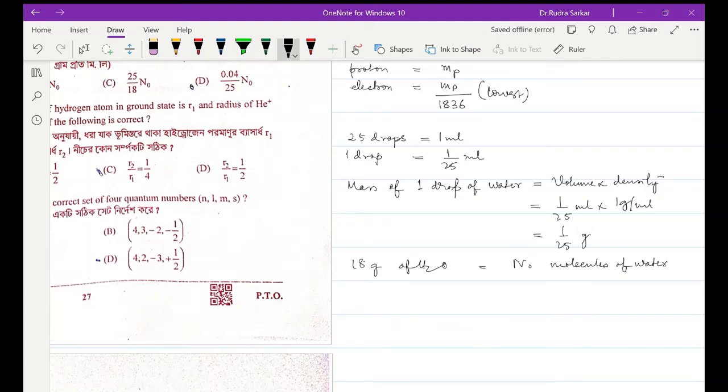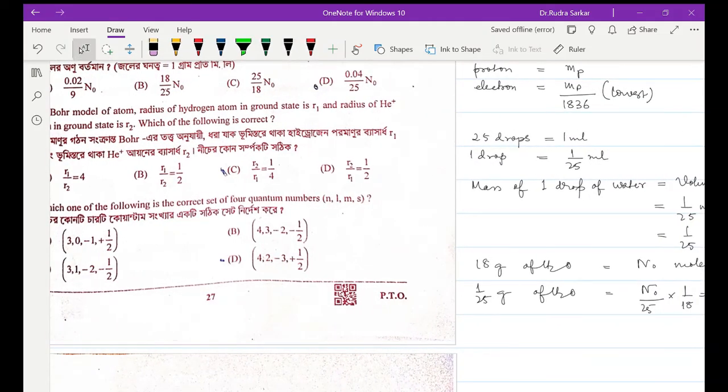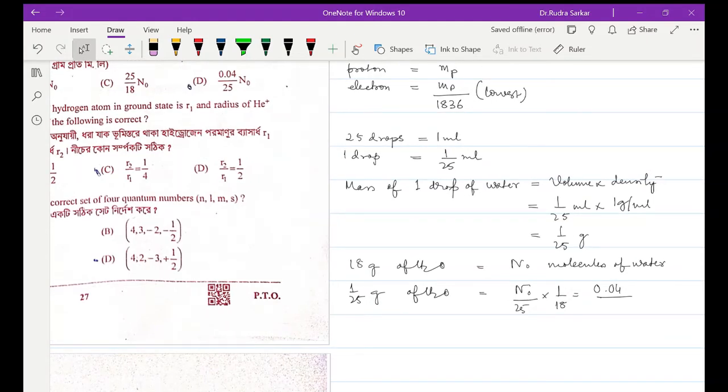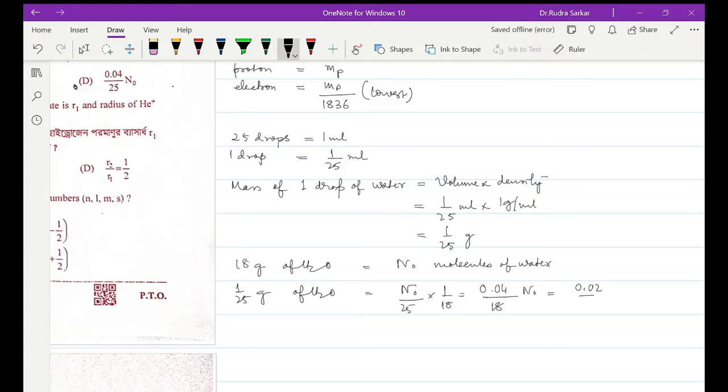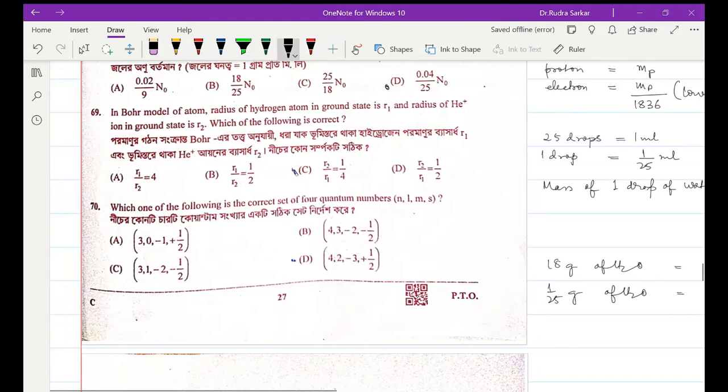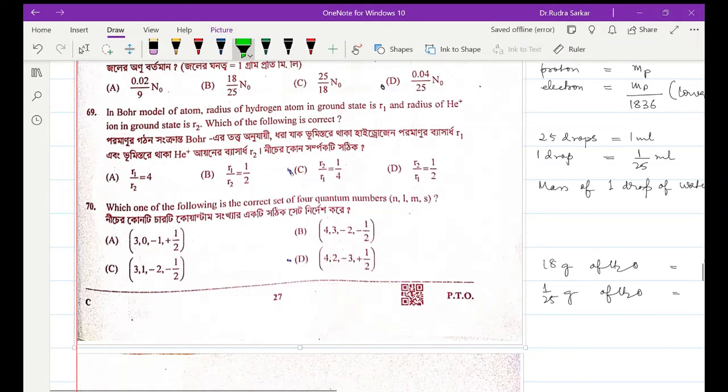That is the Avogadro number of molecules of water, or 1 by 25 gram of H2O will be equal to 0.04 by 18 N0, or that we can say to be equal to 0.02 by 9 N0. So the correct answer will be this one.